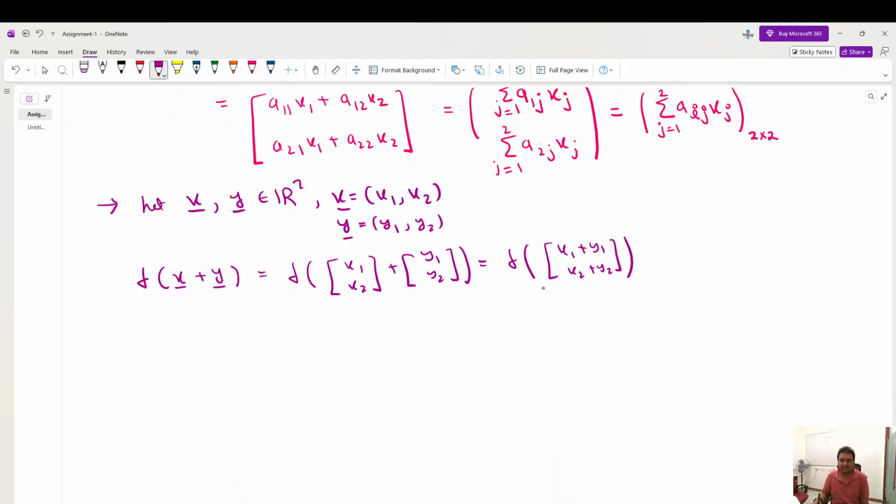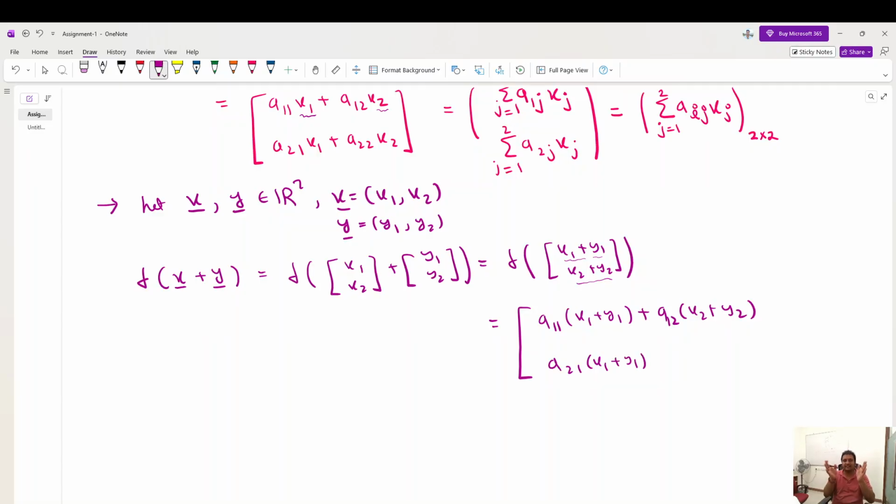Now this is the point where you have to apply A. In place of x1, you have this whole thing, and in place of x2 there, you have this whole thing. So by definition, let us see what it would be. It would be A11 (x1 plus y1) plus A12 (x2 plus y2) for the first entry, and A21 (x1 plus y1) plus A22 (x2 plus y2) for the second entry.